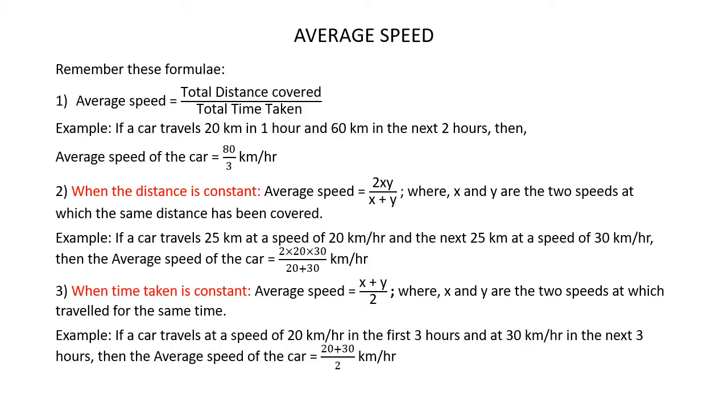Now let's understand the concept of average speed. Average speed is equal to total distance covered divided by total time taken.